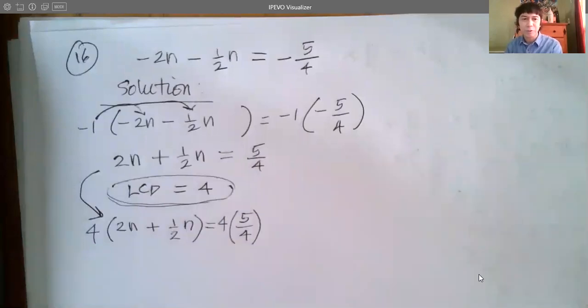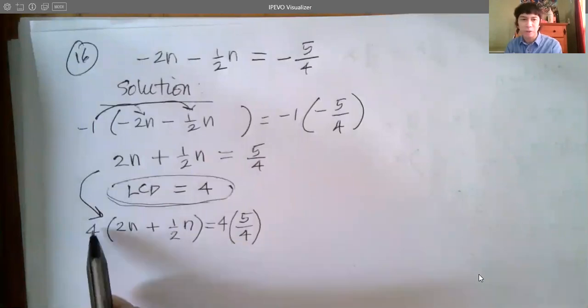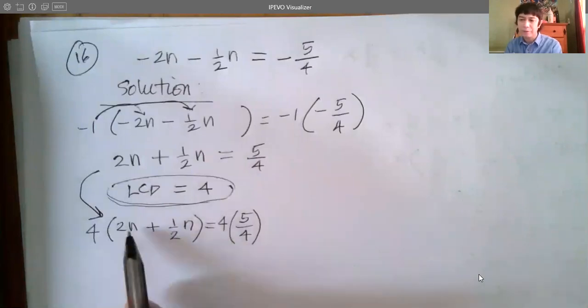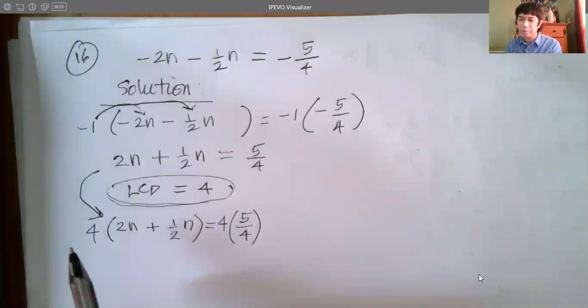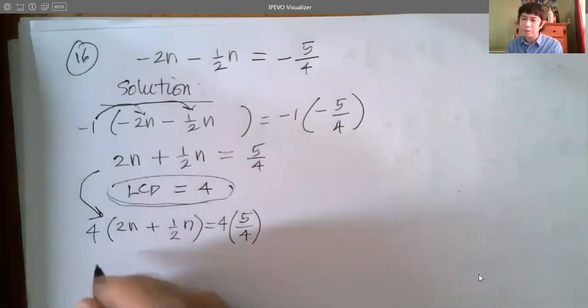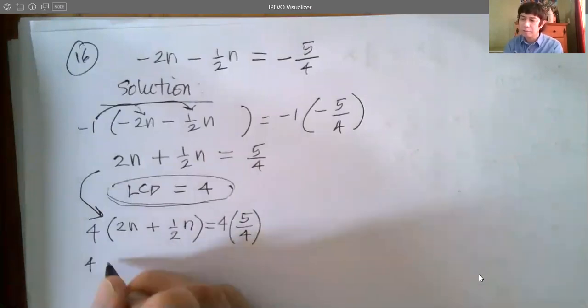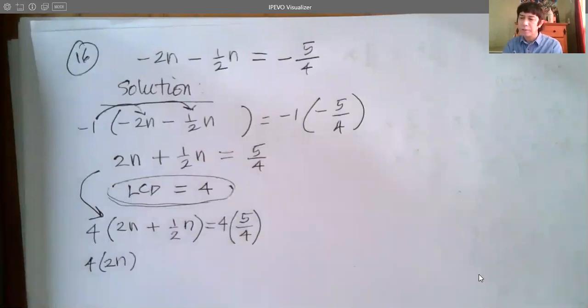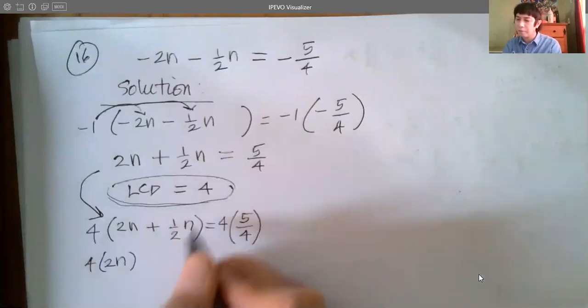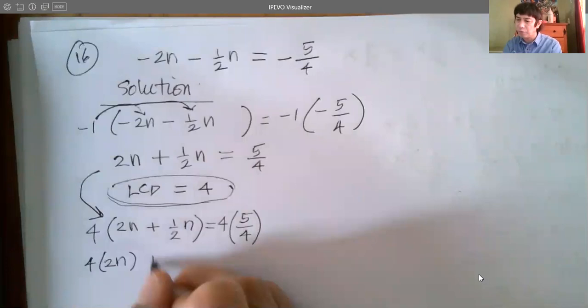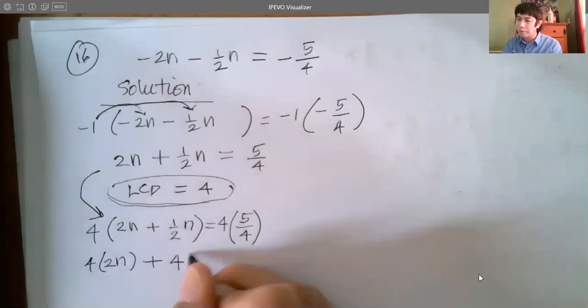And then we continue by distributive property. This 4 will be multiplied by the 2n. Also, the 4 will be multiplied by the 1/2 n. So this will be 4 times 2n. It will look like this. And then when you multiply this 4 by the 1/2, it will now appear 4 times 1/2 n.